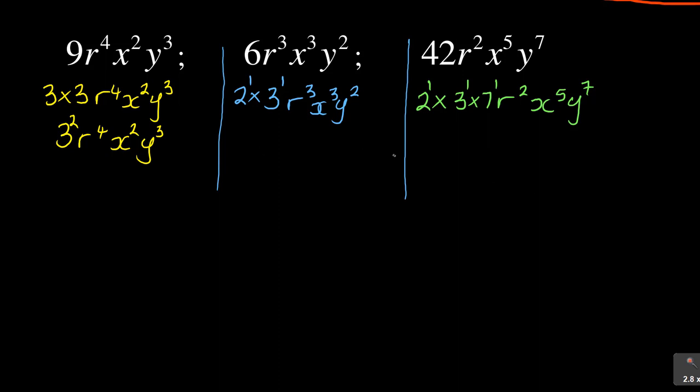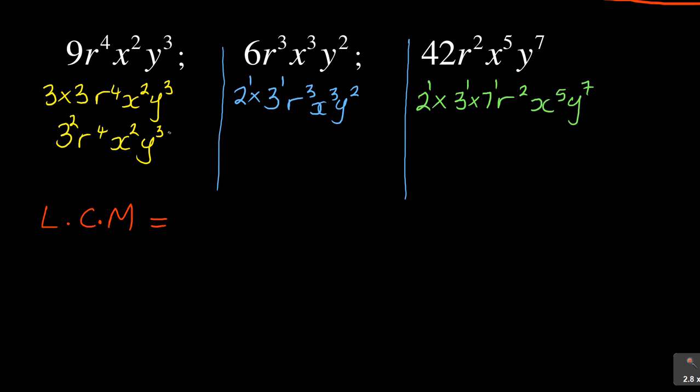When we have done that, the question said we must find the lowest common multiple, the LCM. Now, when you want to find the lowest common multiple, first you have expressed it as prime factors.